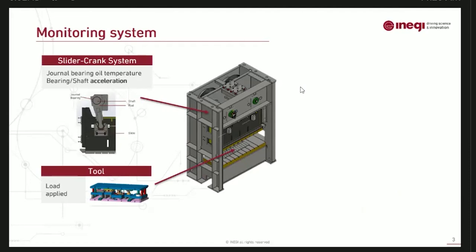We chose to monitor the loads that are being applied. From that, we can monitor the process, the press condition, and possibly whether energy is being dissipated, and get a more energy efficient system.